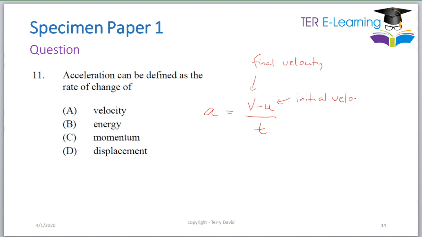So on top we're talking about a change in velocity, and t in this case is time. So therefore acceleration can be defined as a rate of change of velocity. That's the definition for acceleration.